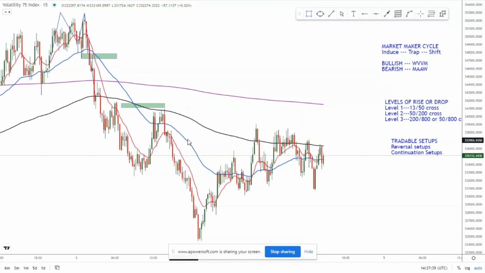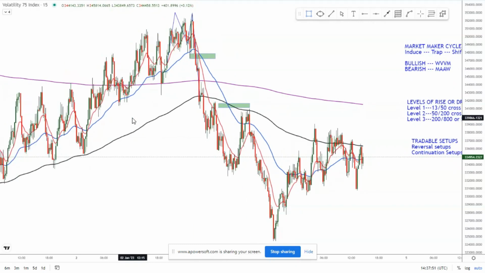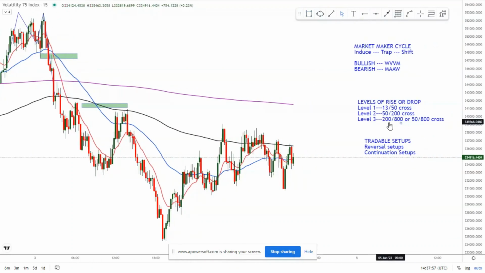So here we can see the 50 is the blue. What can I do? Okay, I'll get that example somewhere else. Something was mixing up. Whenever we see it, I will check for that on Boom and Crash, by the way, for this example of level 3.